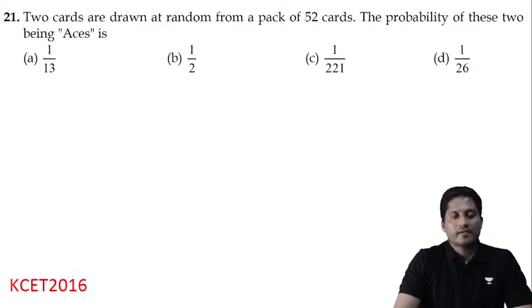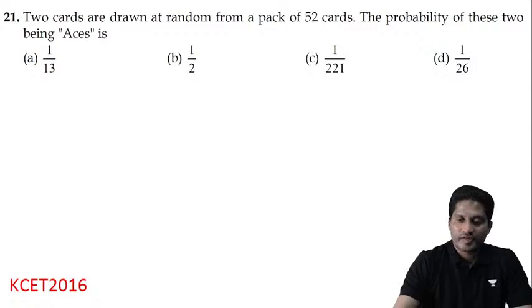Question number 21. Two cards are drawn at random from a pack of 52 cards. Find the probability that these two cards are aces. Two cards are drawn at random from a pack of 52 cards. For the options to work, the question should say it is without replacement.